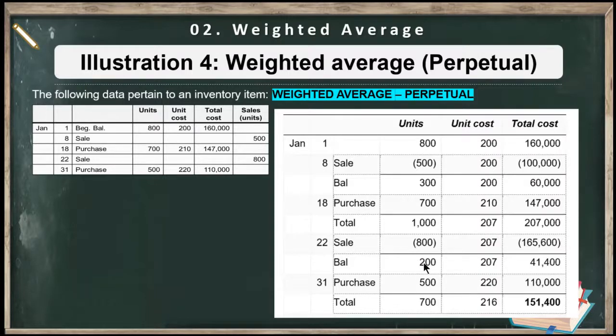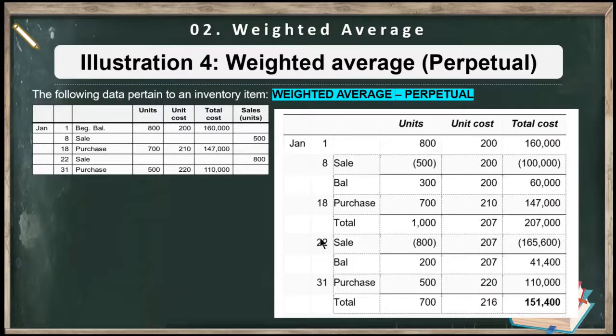So the balance now after the sale on January 22 is 200 units at 207 pesos, a total of 41,400. The next date is January 31. There's another purchase. So add the 500 units, then add the total 110,000 and you will get 151,400.